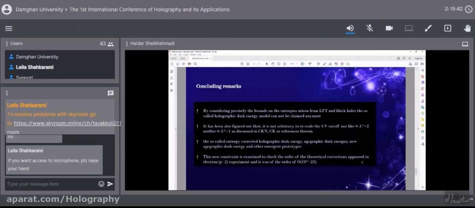It was also shown that scaling the UV cutoff and also the IR cutoff, like L^-2 and L^-1, is not arbitrary. We should take care of scaling the UV cutoff, because in CKN and CK they considered L^-2, which I showed in my paper is not arbitrary.